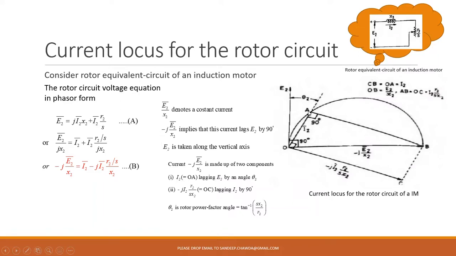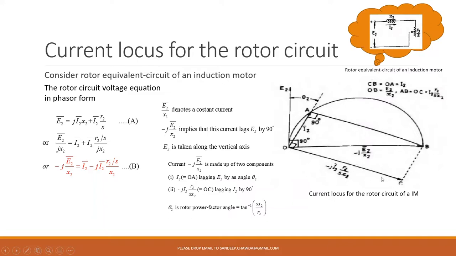Now you can see that this is nothing but a rectangle. So whatever this I2 is, this will also be I2. It means CB is also indicating I2 here. OB, we already said, is minus j E2 by x2. Here AB will be equal to OC.